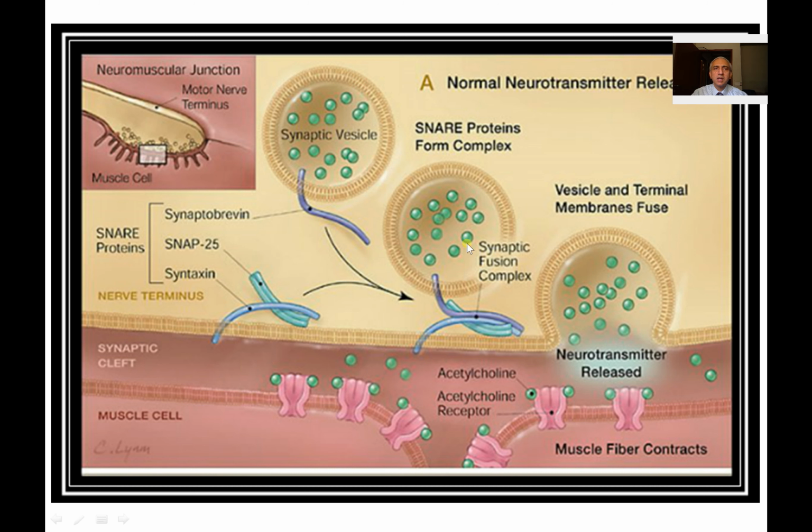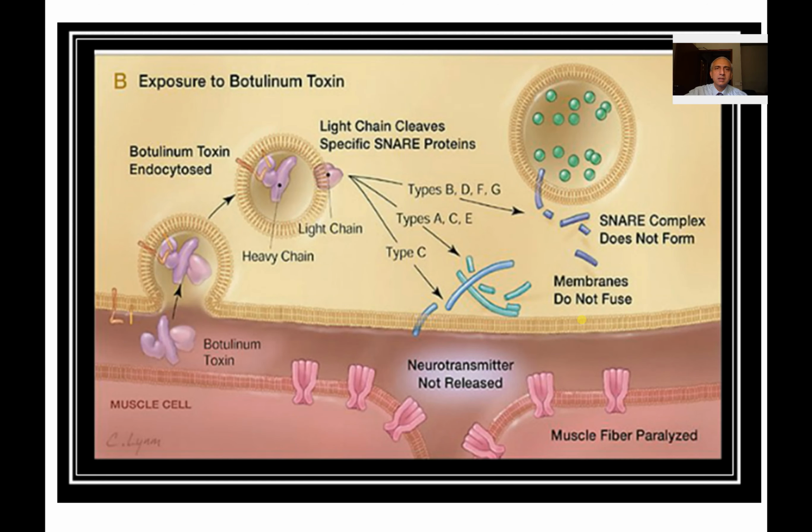And as soon as they bind to this fusion complex, the vesicle is released into the neuromuscular ending, and the acetylcholine is available for action. With exposure to botulinum toxin, here you can see it is going inside and the heavy chain remains inside the vesicle. The light chain is released and the light chain is binding to the SNARE complex, thereby preventing the acetylcholine vesicles from being released outside into the neuromuscular junction.